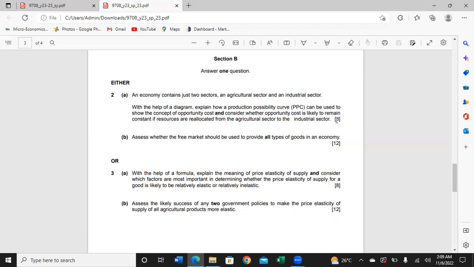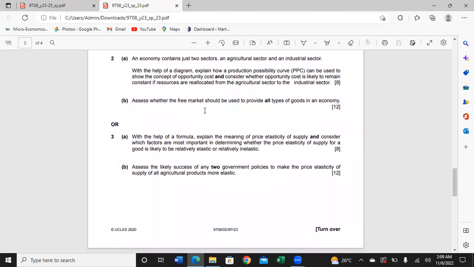This has 8 marks. In the first part, you have to achieve 2 assessment objectives, knowledge and understanding, and then you can analyze as well: what is the actual situation and what it could be.